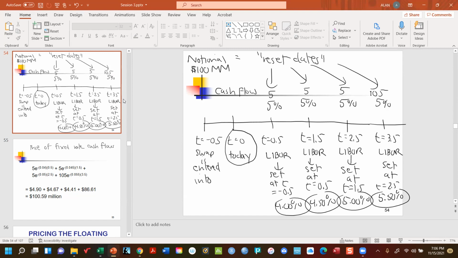So all we want to know is what is the present value of these 4 cash flows based on these LIBOR rates. We're going to discount all of these with LIBOR rates. So now calculating present values with e is a little bit tricky. It may not be what you're used to.